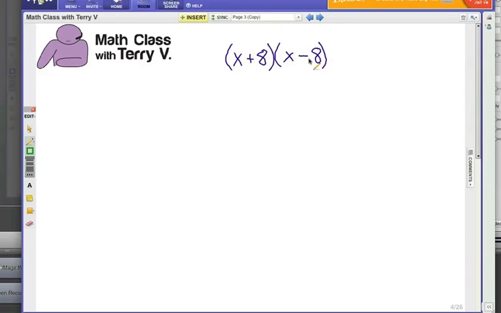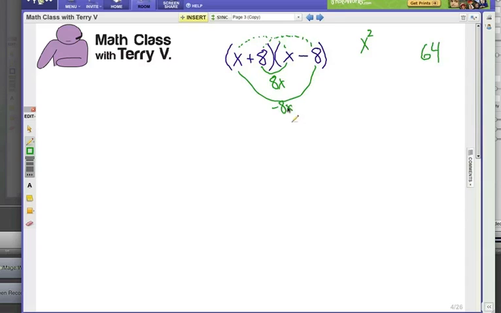Okay, what's interesting is we still get x times x, obviously that would be x squared, and we still are going to get 8 times 8, which is 64. But now let's look at the middle terms. The inside ones, 8 times x is 8x, and the outside ones, x times negative 8 is negative 8x.